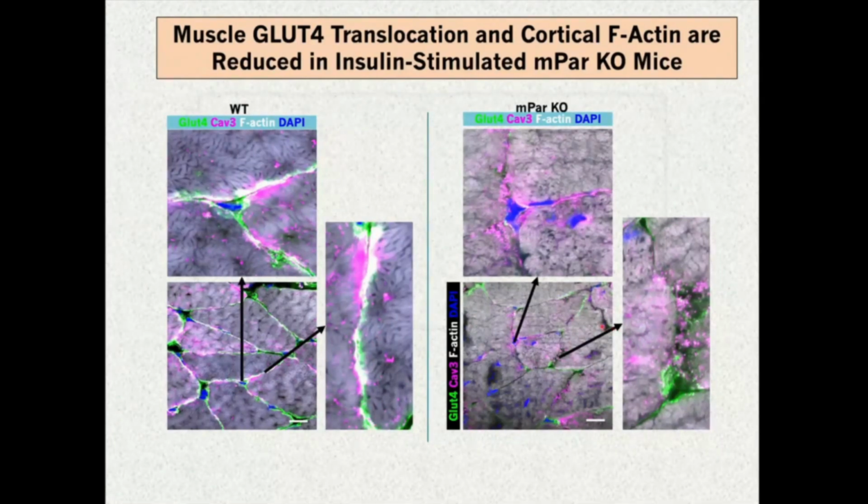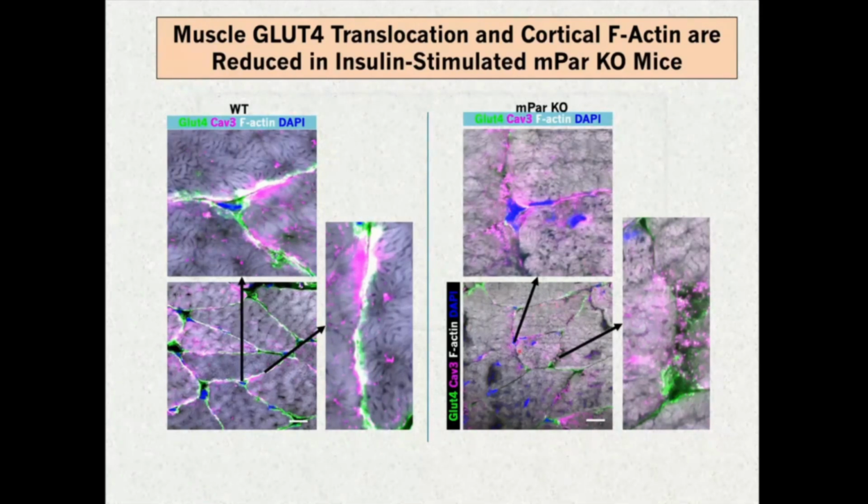Now go to the knockout mouse, and you can see that here's the general slide, and here's the blow-up. And you can see that the F-actin is very sparse along the membrane, which the CAV3 marker delineates.